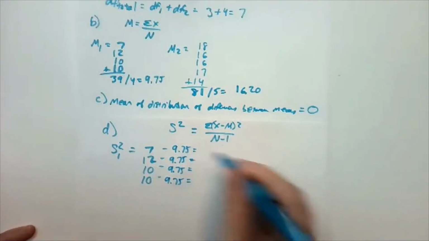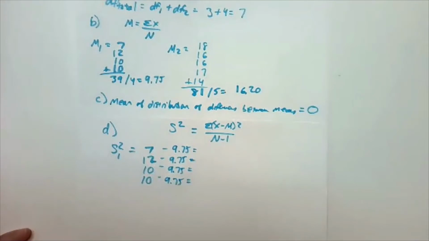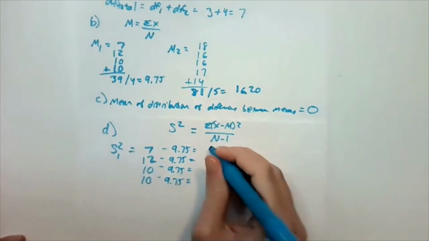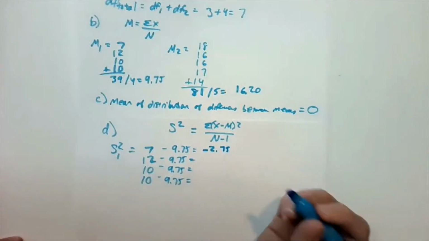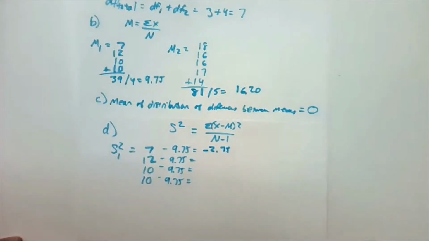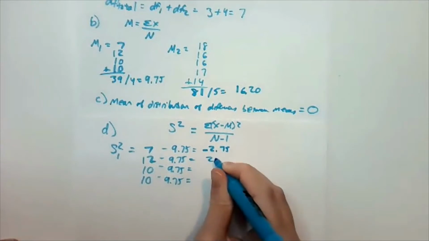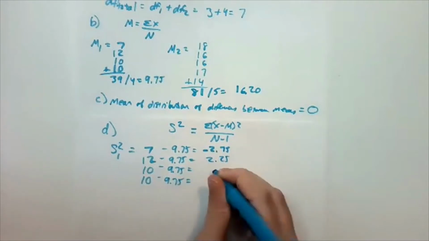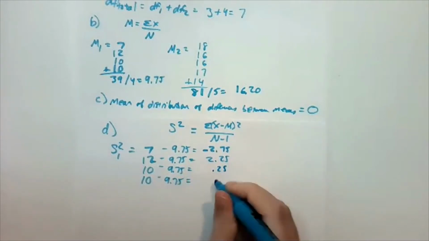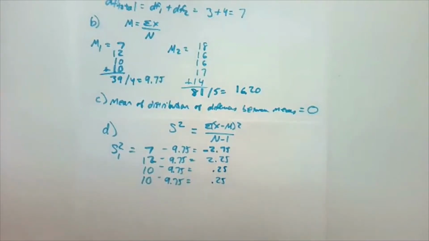And so as I do that, we have 7 minus 9.75, and that's going to give us a negative 2.75. 12 minus 9.75 is going to give us 2.25, and 10 minus 9.75 is going to be 0.25, and the same thing here. So I can just write that again.